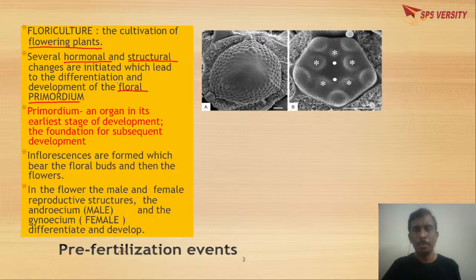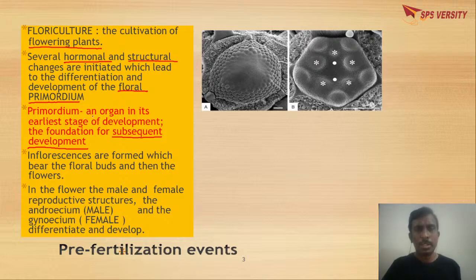What is meant by primordium? Primordium means an organ which is meant for subsequent development. That means it can develop into different parts. Floral primordium means it develops into a flower.